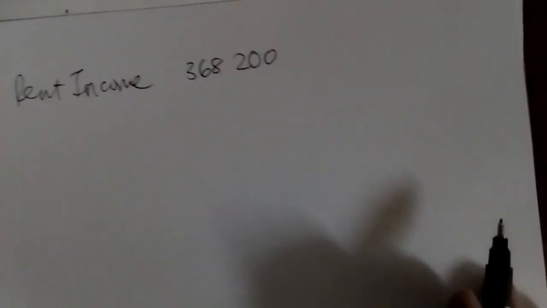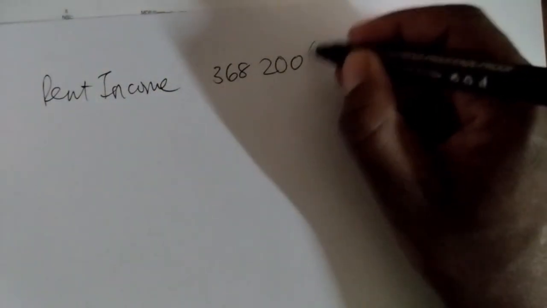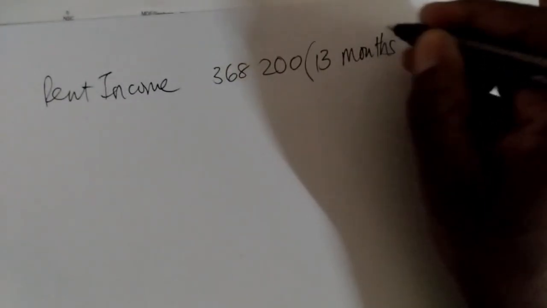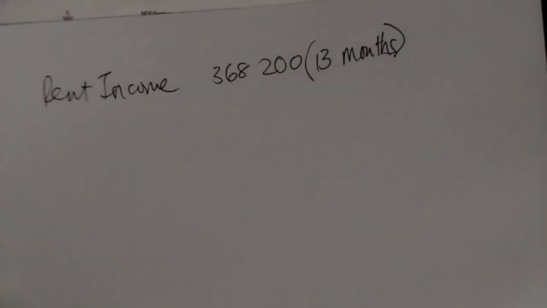So there are two issues there. The first issue is that we can already tell that this rent provided is actually for 13 months. Using the principle of matching and including your accounting period, we know that we should record rent for only 12 months. So problem number one is that this rent of 368,200 is rent for 13 months.